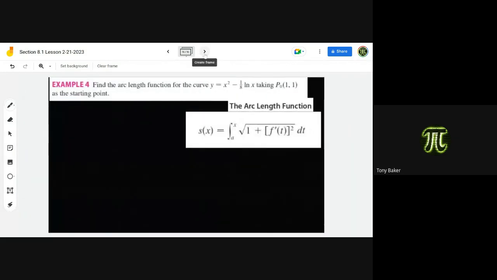All right, so let's go back to my little problem here. So my integral is going to be from 1 to x. And this whole thing I just did is 2t plus 1 over 8t dt.